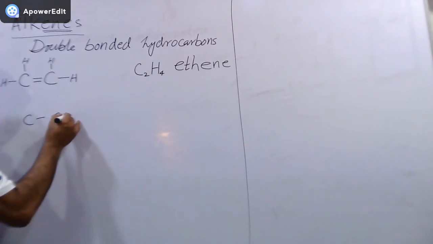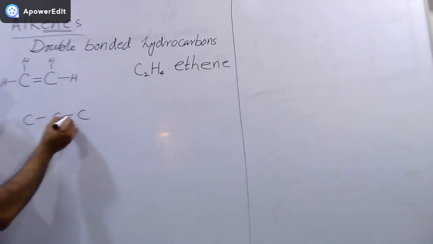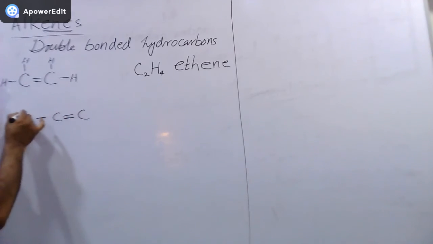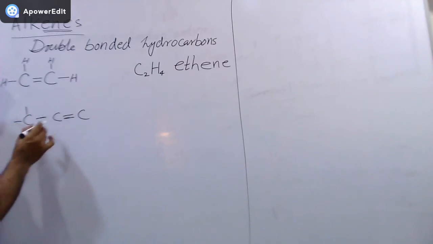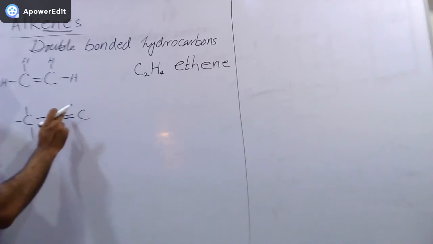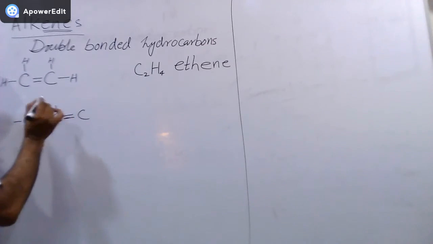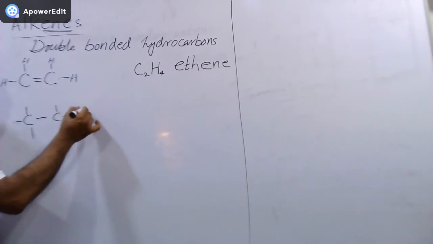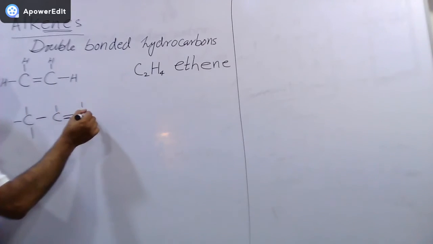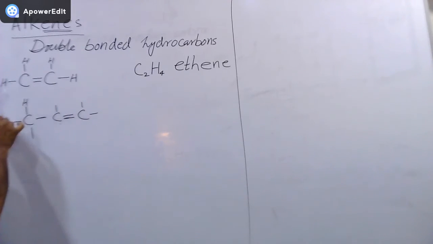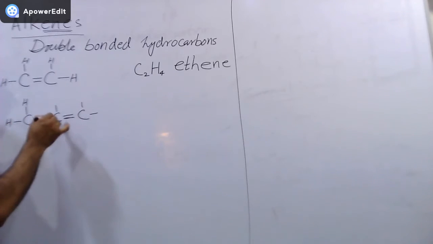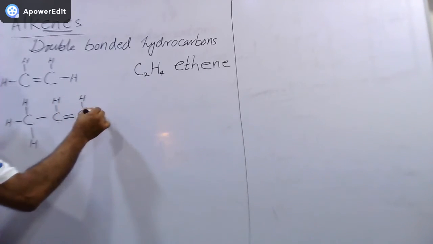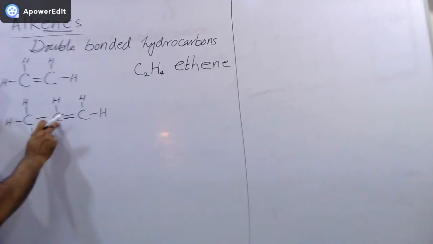3 carbons having a double bond between any two, like this. 1, 2, 3, 4. Either you write at the top or the bottom, one and the same thing. Write their valencies with hydrogen. How many carbons in all? 3.